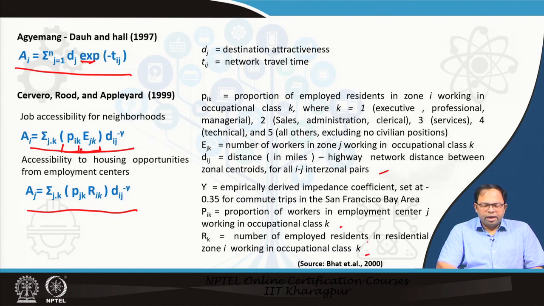That means, here we are distributing the workers in the different employment centers to the different residential zones, and this is just the reverse of the first equation. Gamma is basically an empirically derived impedance coefficient set at 0.35 for commute trips in the San Francisco Bay Area. So, I said that we need to calibrate this particular function in all gravity models, and in the San Francisco Bay Area this was found to be 0.35 by Carver, Rood and Appleyard.